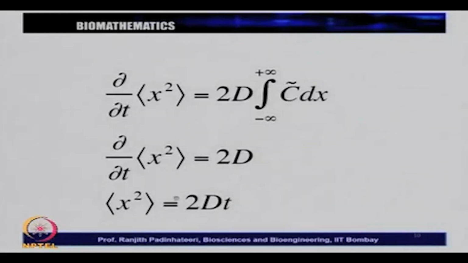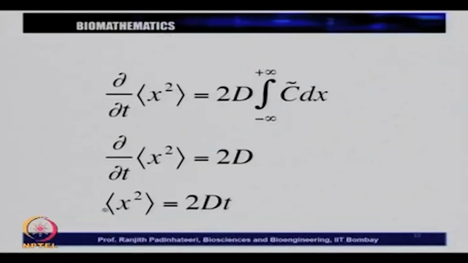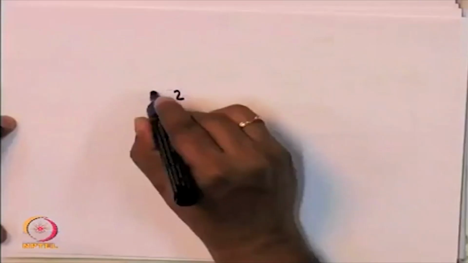So, we have x square average is equal to 2dt. This is a very interesting and very important relation as far as diffusion is concerned, very widely used in many contexts in biology and in many places.